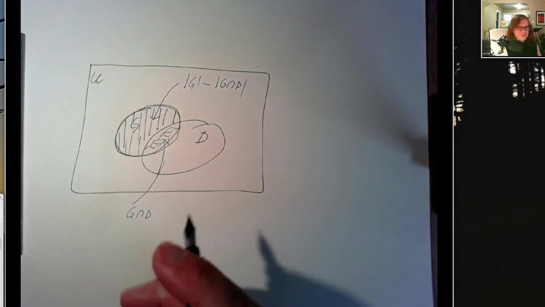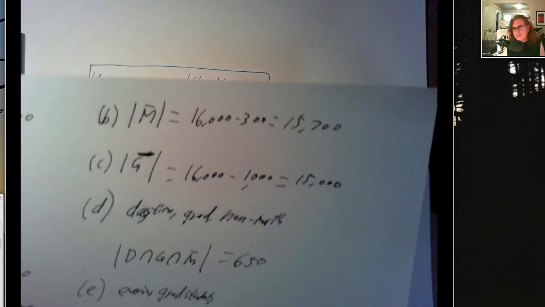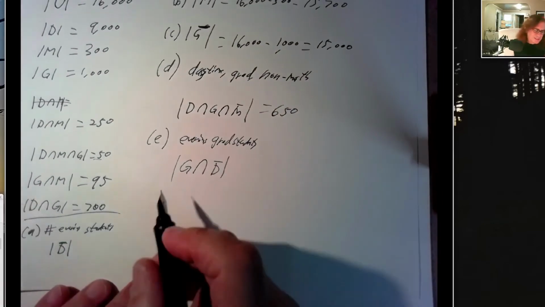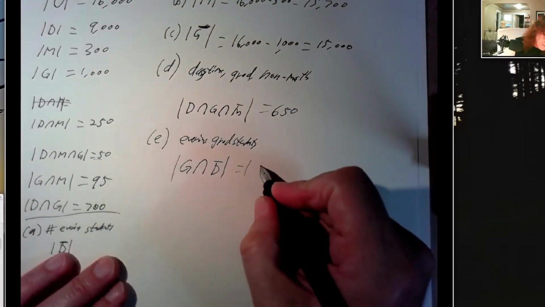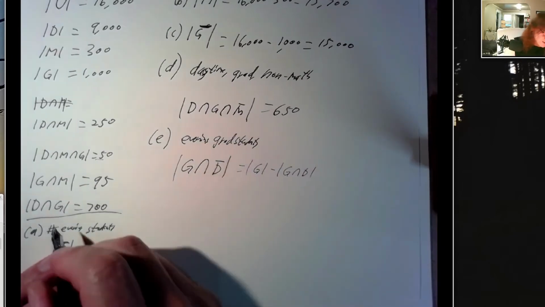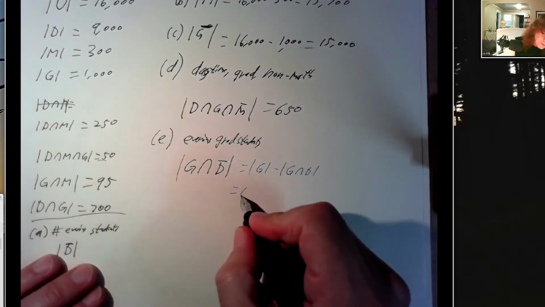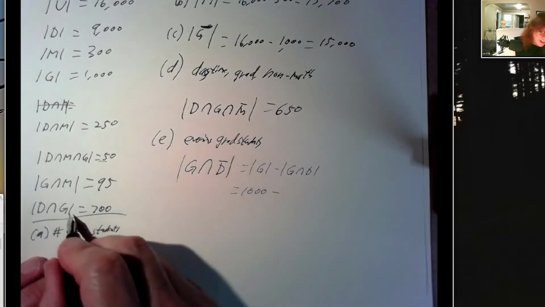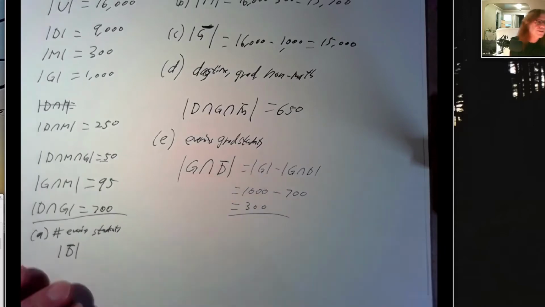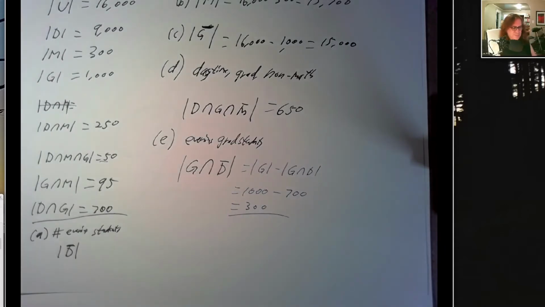So it's the size of G minus the size of G intersect D. Well, the size of G we're told is 1,000, and G intersect D is 700, so this is equal to 300. So that's your answer for part E, 300 students.